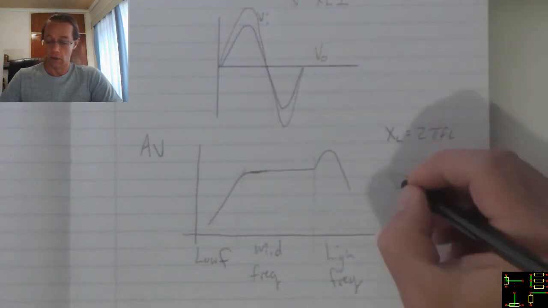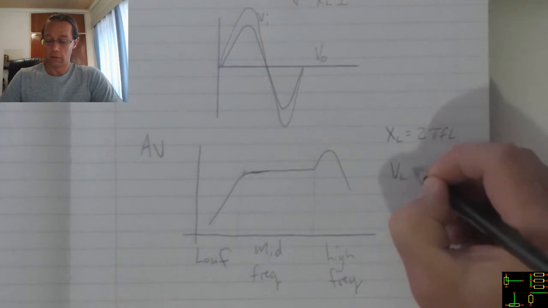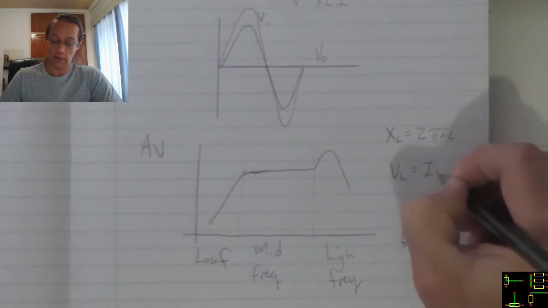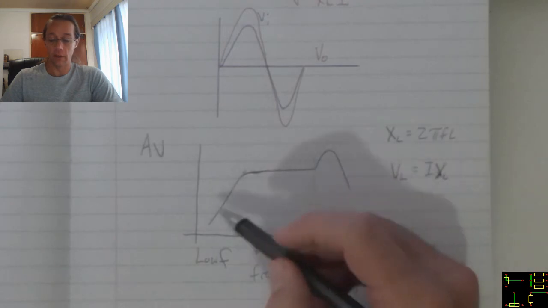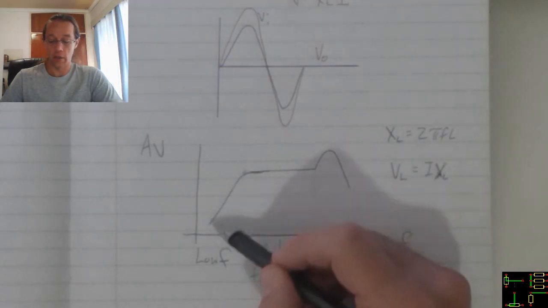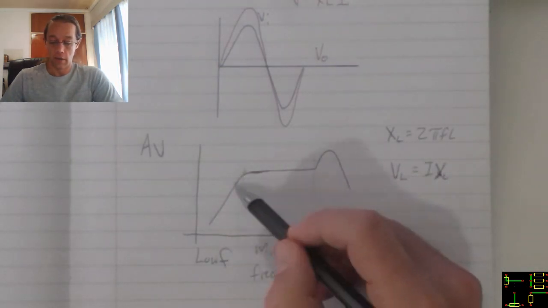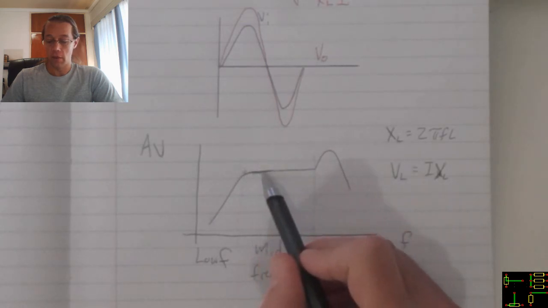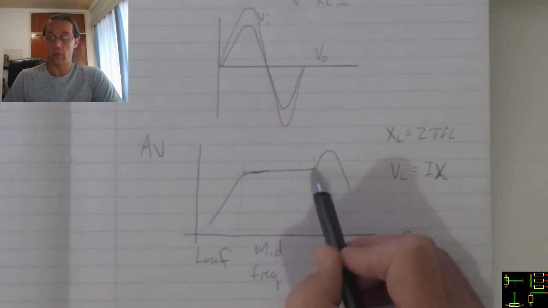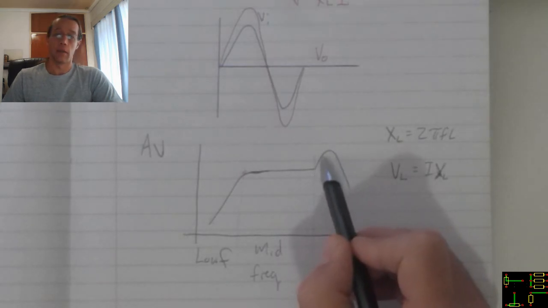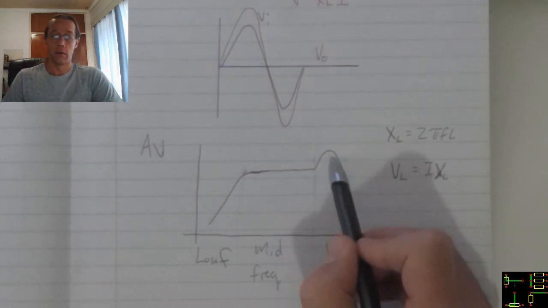Because there's a low reactance, VL equals I XL. Because of my low reactance, I will develop low voltages, and as a result I will have a low gain. Medium frequencies respond very well, and then at this high frequency we get that little peak over there.